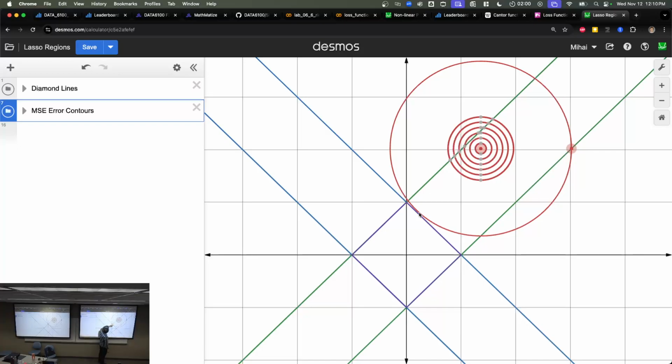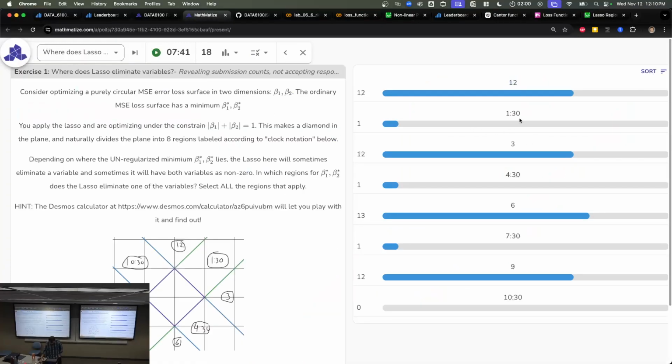So are we eliminating a variable in this case? The answer is no. The beta 1 value is non-zero. The beta 2 value is non-zero. We are not eliminating a variable. And so the correct answer is indeed to not select 130.